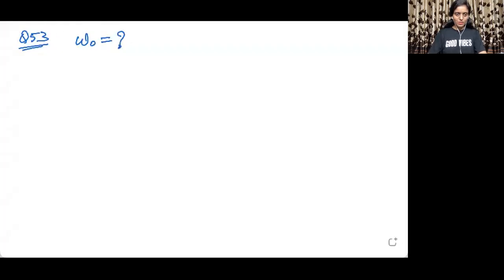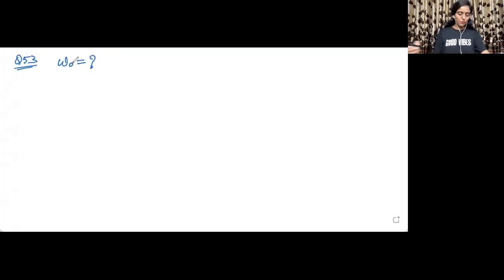So for question number 53, we need to find out the work function W naught. We have been given that the voltage supplied is 0.35 volt. That voltage will give the kinetic energy to the electron. So we have been given that the kinetic energy of the electron is equal to 0.35 electron volt.